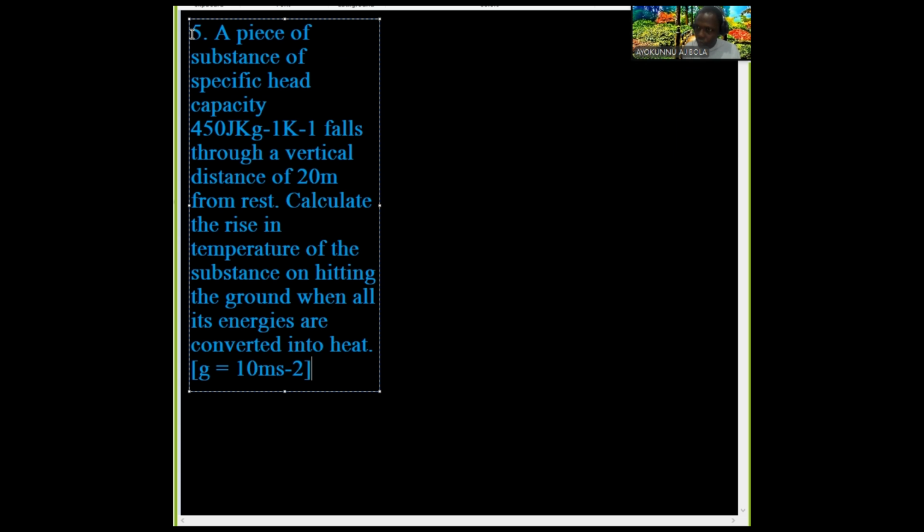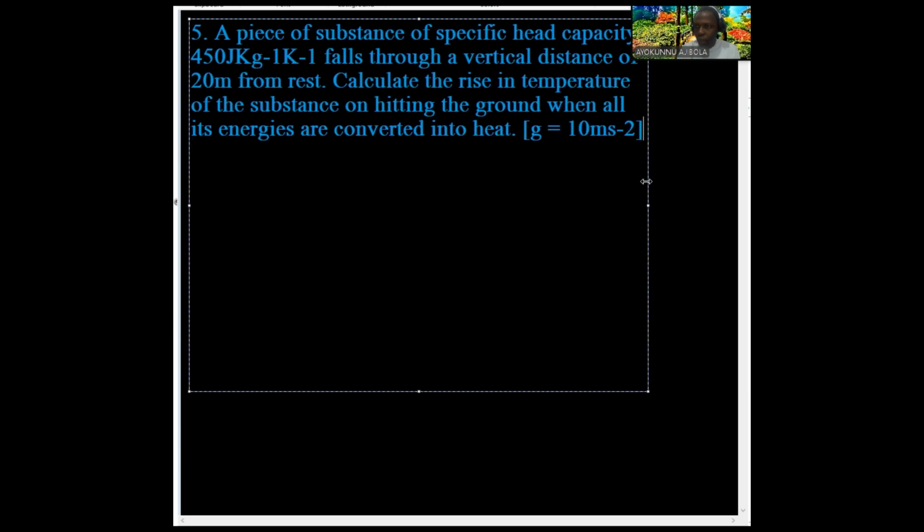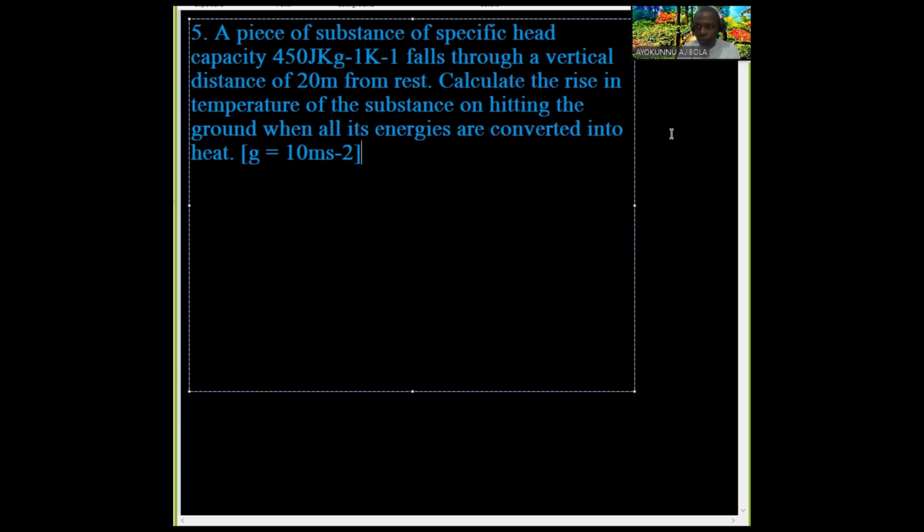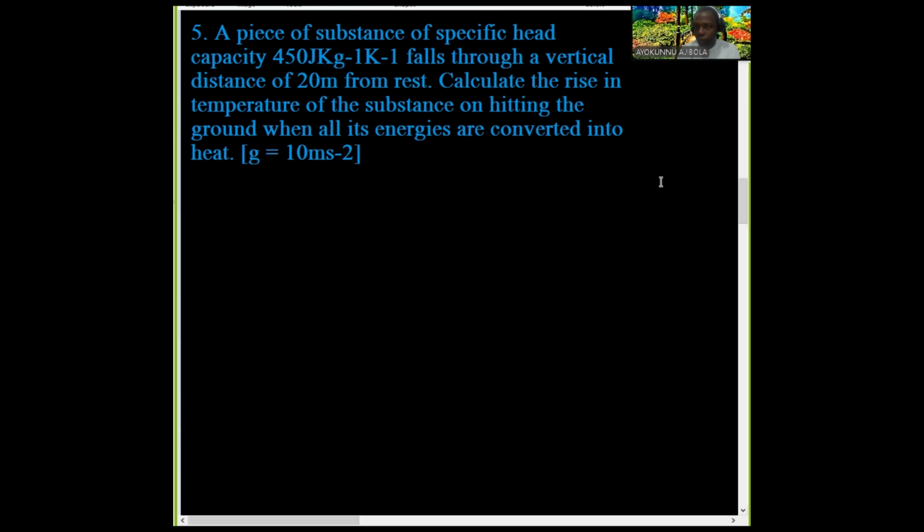So let's see. Moses, read this. A piece of substance of specific heat capacity 450 joules per kilogram per Kelvin, falls through a vertical distance of 20 meters from rest.